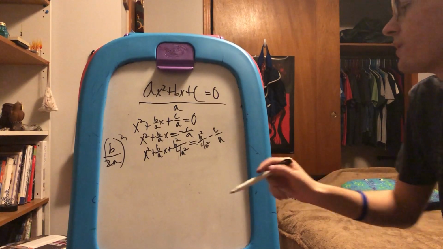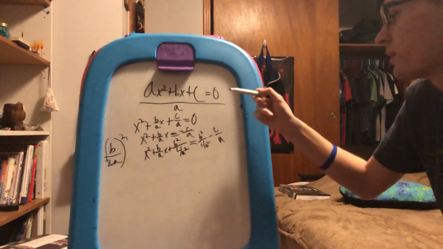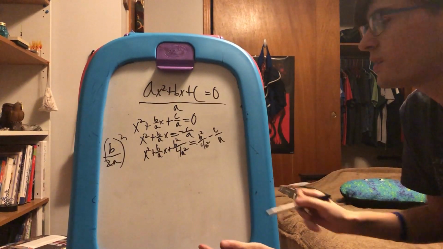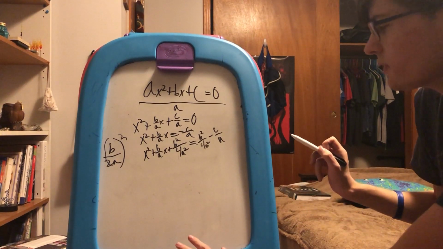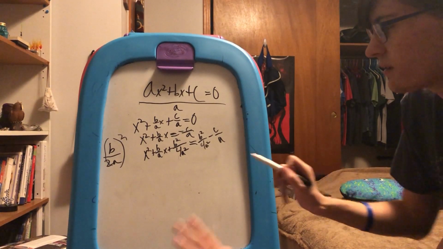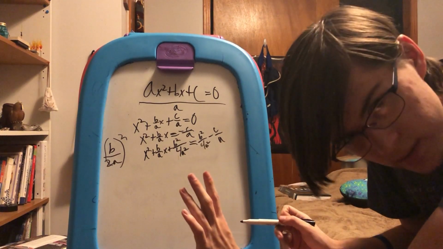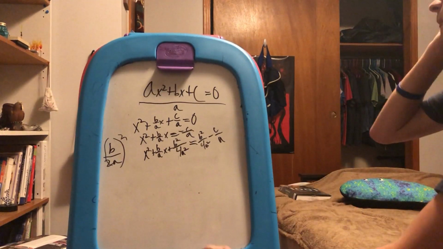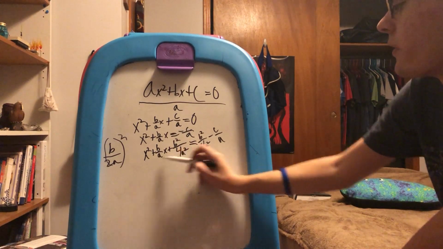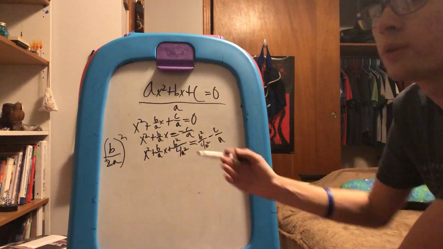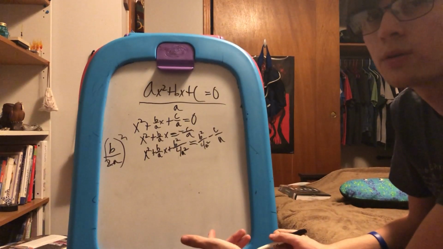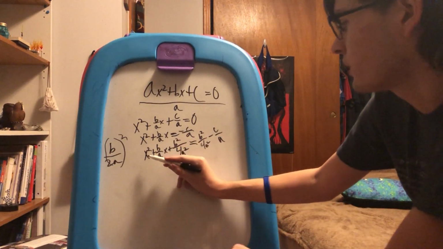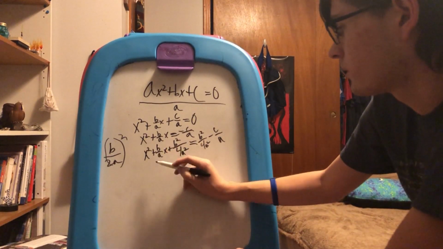Now what do we do? Because there's a lot of squares and b's and a's and variables everywhere, we've got to make it more concise. On the left side, we just made a perfect square trinomial, so we can turn it into the binomial that it's equal to, which is going to be x plus.